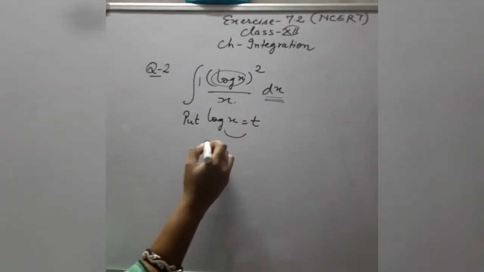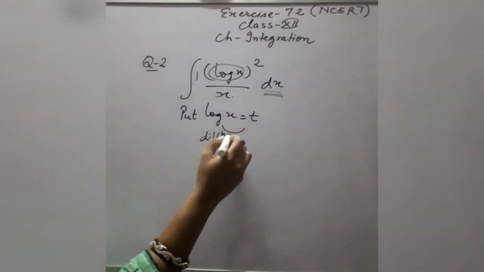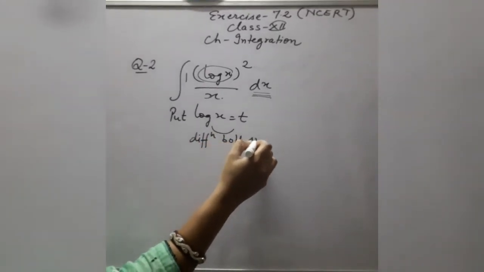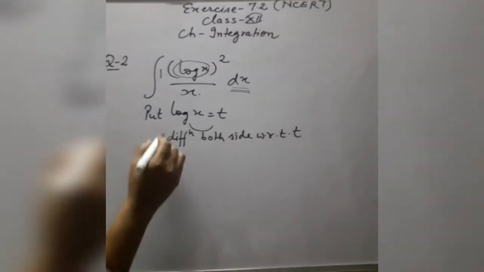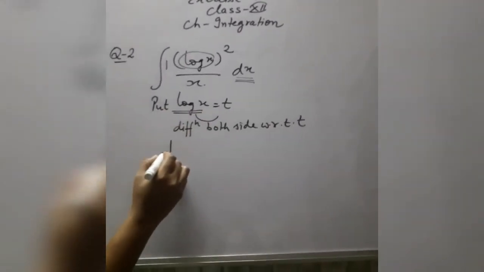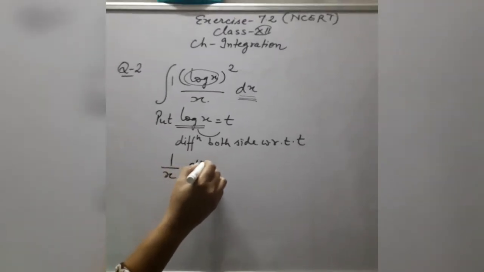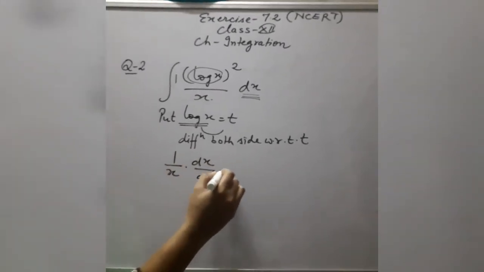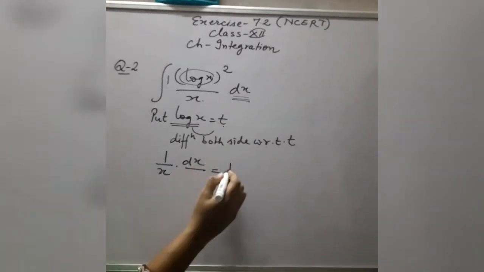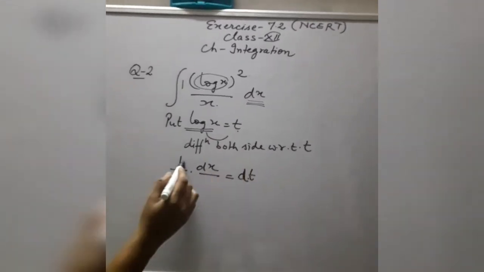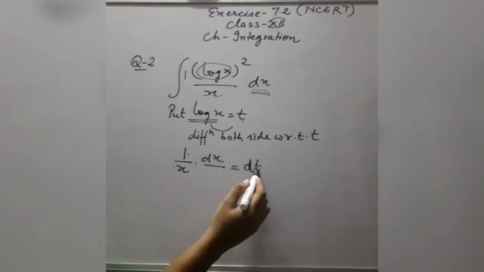That's why you will differentiate both sides with respect to t. You will get the derivative of log x with respect to t as 1 by x into dx by dt, and the derivative of t with respect to t is 1. When you shift this dt to this side, you will get 1 by x into dx is equal to dt.